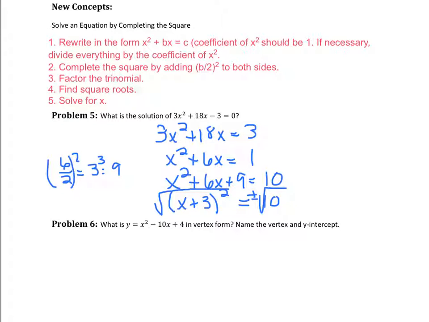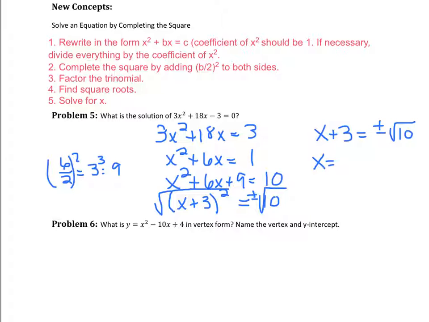The square root of x plus 3 squared is just x plus 3. And then we have the square root of 10, which must be a plus or minus square root of 10. So now x plus 3 equals positive square root of 10, or x plus 3 equals negative square root of 10. And those are our two answers.